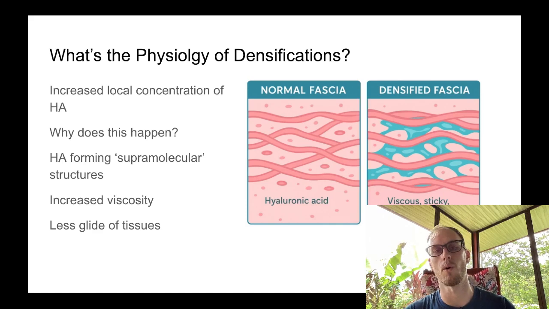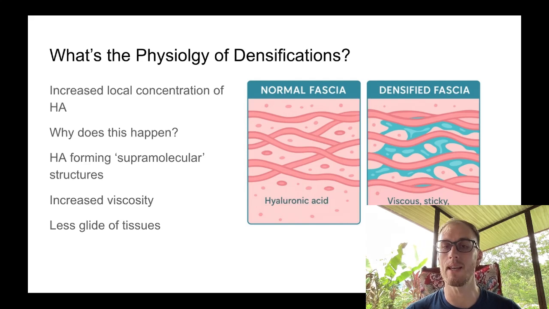So what happens is hyaluronic acid starts to interact with other molecules of hyaluronic acid, proteoglycans, and even collagen fibers to form this sort of matrix within the ground substance. You end up seeing an increase in viscosity in the area where the accumulation is present. What happens as a result of that increased viscosity is you get less glide of the tissues, whereas in certain formats, part of the purpose of hyaluronic acid in our body is to create more lubrication and more glide.